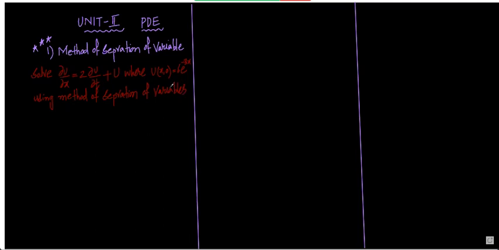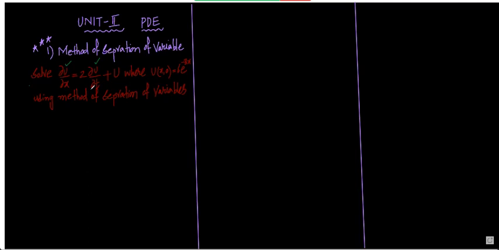Clearly in the exam it is mentioned that you have to apply method of suppression of variables. Now look at how to do it. In this equation, the numerator is u, and u is a dependent variable, while x and t are the independent variables.